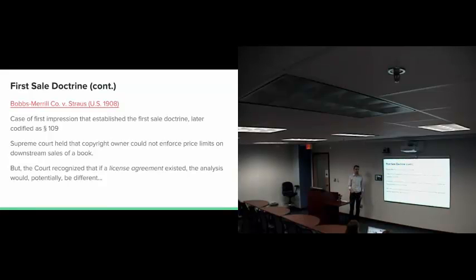Because obviously it's in a publisher's best interest, at least in terms of their profits, to require everyone to purchase a brand new copy of the book, or to pay a fixed price, and to eliminate entirely any kind of rental or resale market.